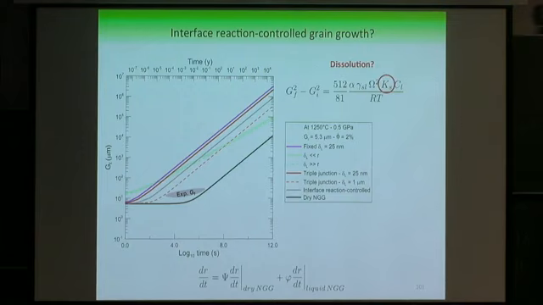So I wondered, is this really dissolution? Why wouldn't it be precipitation, right? Why would we consider that dissolution and precipitation have the same kinetics? I've looked into the literature, and maybe somebody here can tell me, but I found no justification to show that they had the same kinetics.